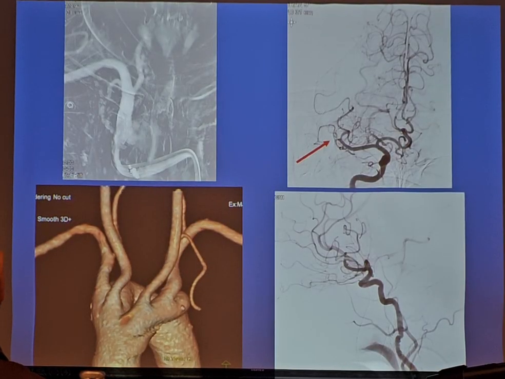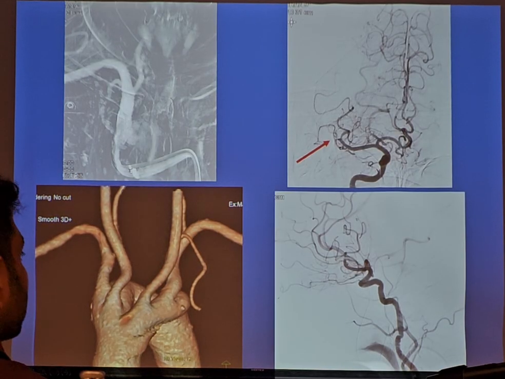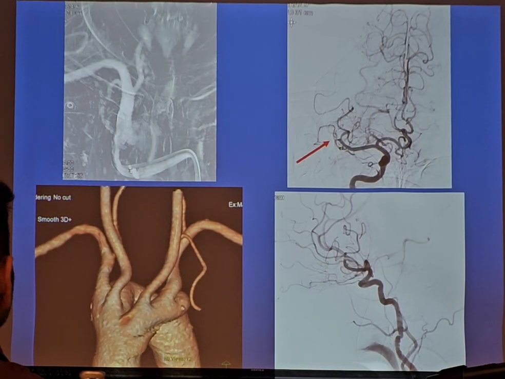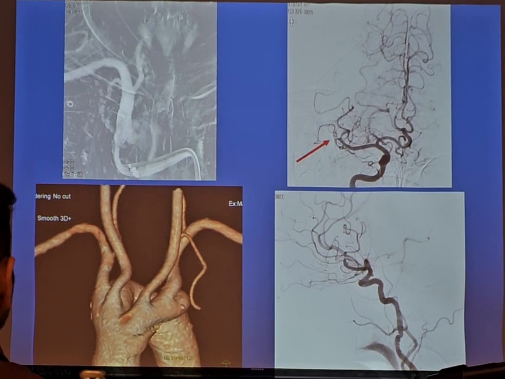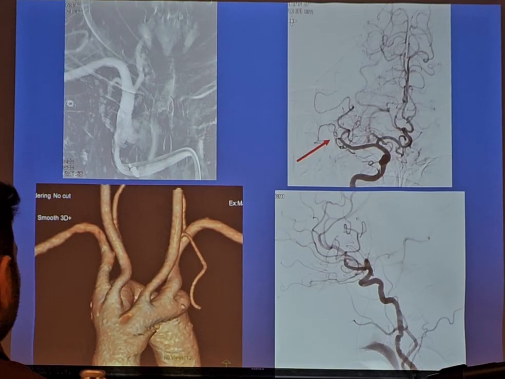Sometimes when you treat a stroke patient and go in to retrieve the clot, you may have difficulty finding the origin of the vessel from the aortic arch. Once you know how the arrangements are, you can go selectively. It's easier than the other side.